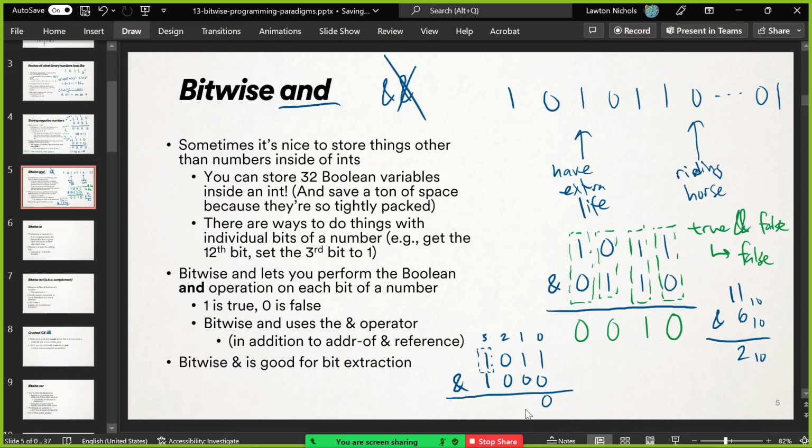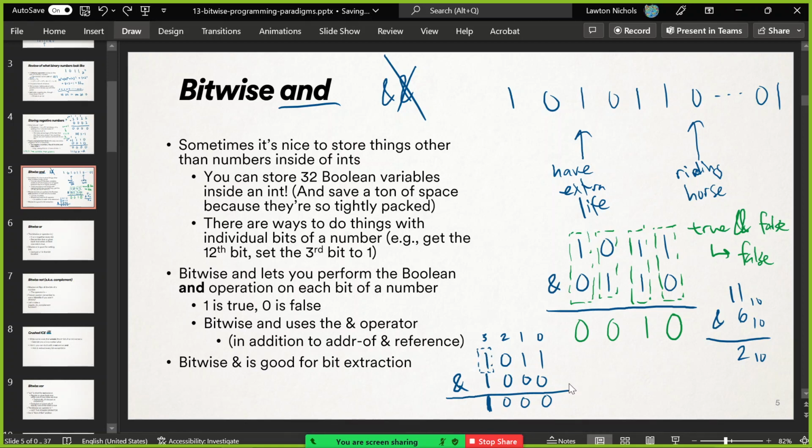True and false becomes false. True and false becomes false. False and false stays false. The only bit that has the potential to be a 1 is the bit we cared about. Do you see how, if it's a 1, I'm going to get a 1 here? If it was a 0, it doesn't matter that this one's a 1, it's going to be a 0. So there's your if statement.